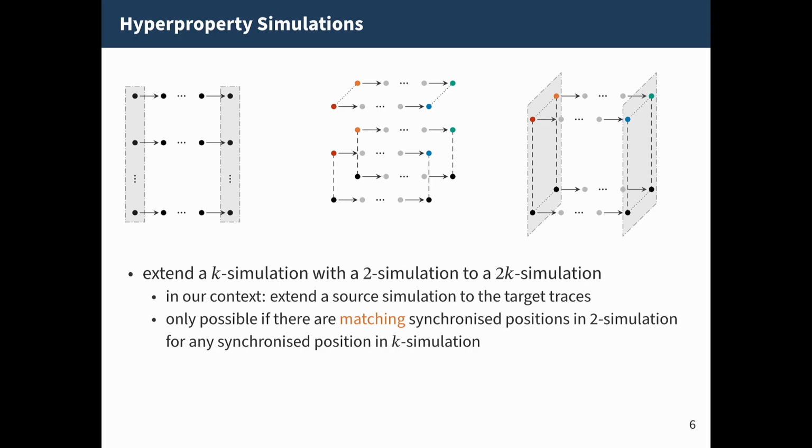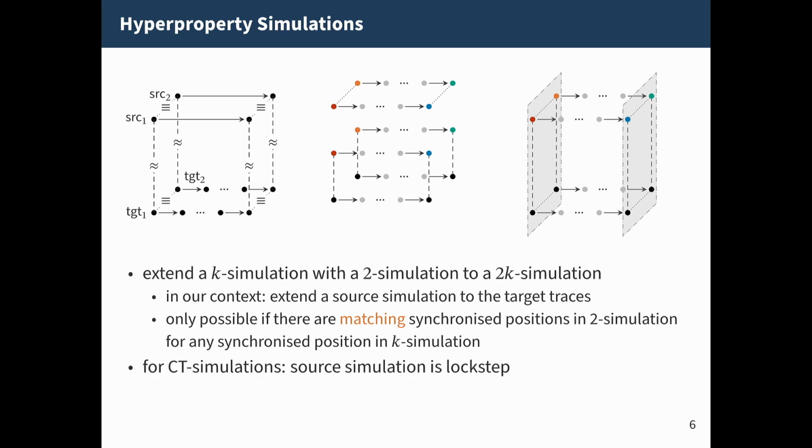One thing that is important here: this only works if for every synchronization point here we have something to match against here, which does work in our example because our source-target simulation is defined on every source position, so we always have something to match.